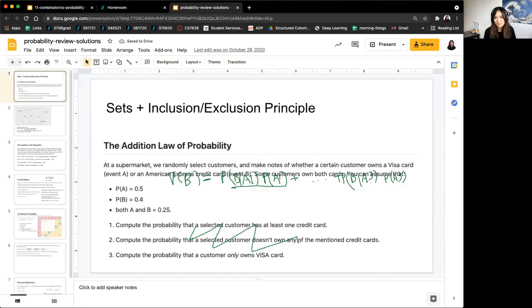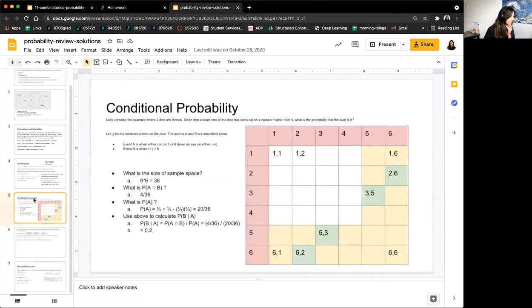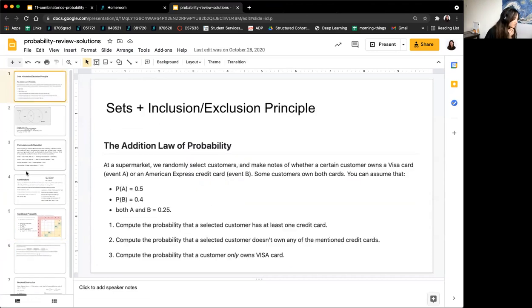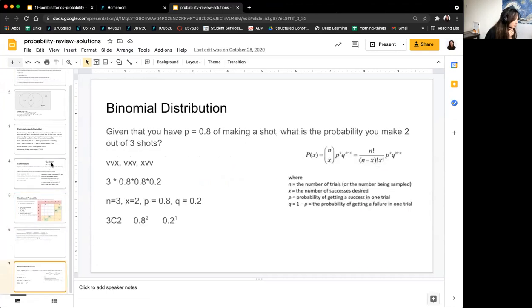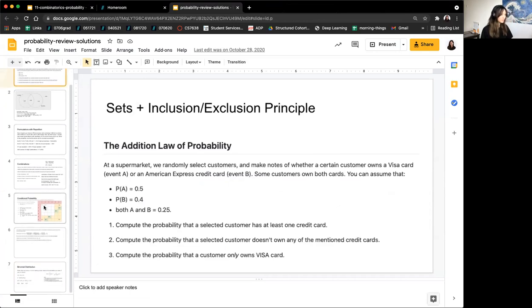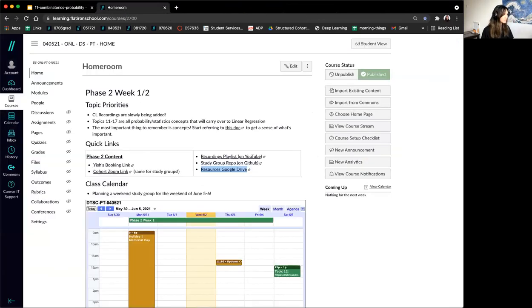Oh, let me clear my drawings first. I'll send you all a video that has me walking through all of these questions step by step. The question here is, let me see if I have it here. Law of total probability. Oh man, it's not in this one. Okay, never mind. I have it somewhere else. Give me a second. Here.